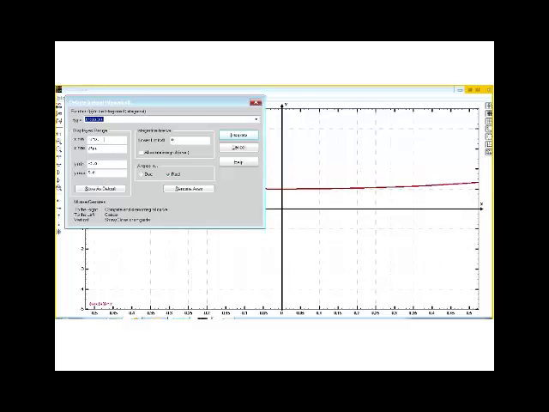So let's see, we want to go from negative pi over 6 to positive pi divided by 6. And the lower limit is negative pi divided by 6.